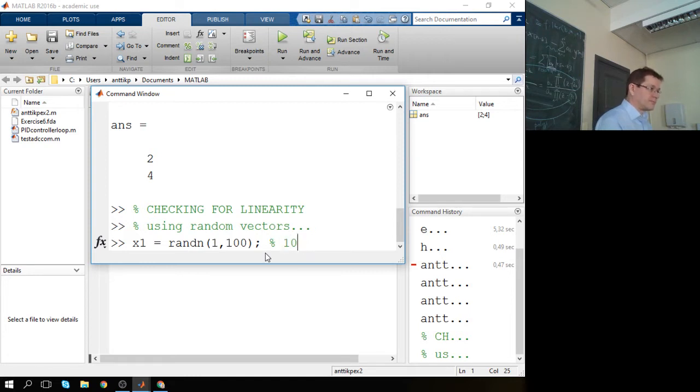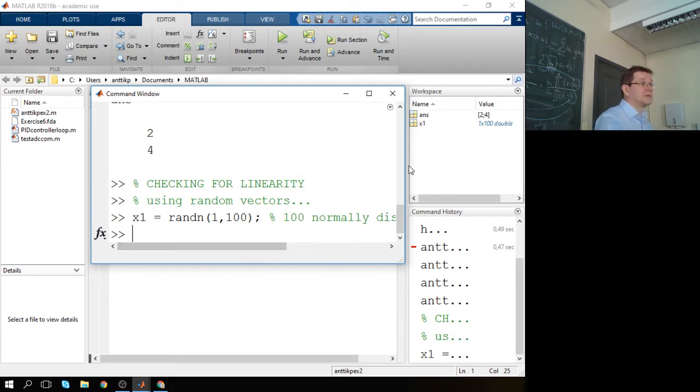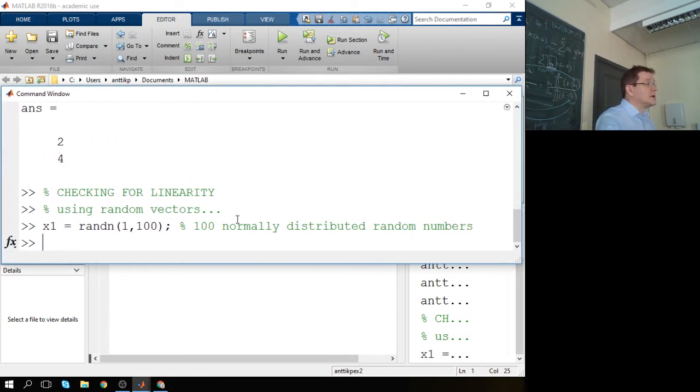There we go. In principle, I could make this one a little bit wider. Then we need another, the x2, the second input.